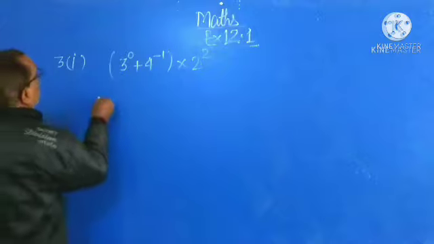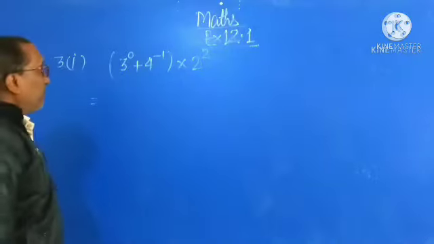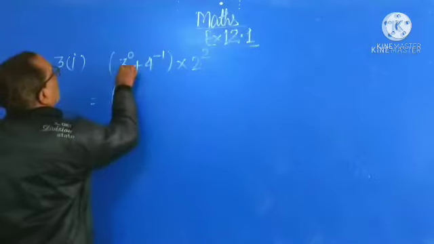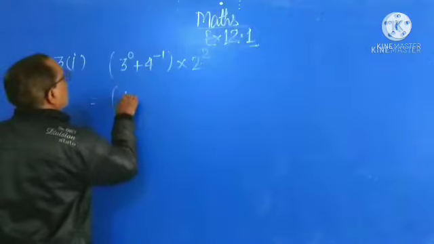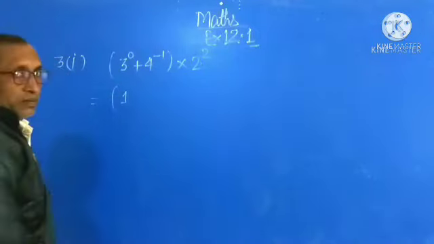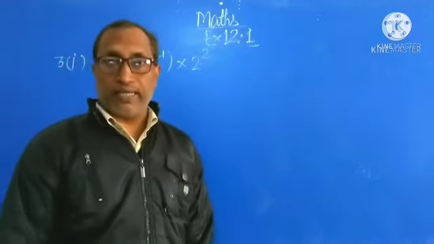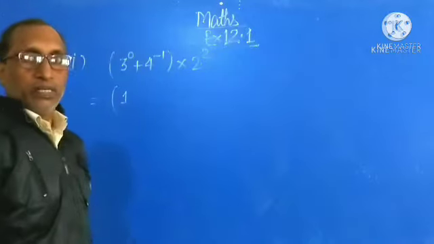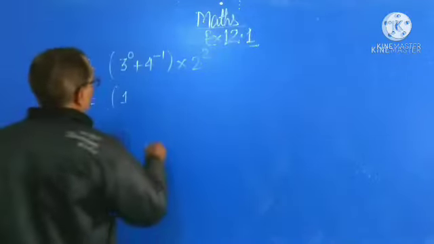In this question, first of all, you simplify the bracket. You get 3 to power 0, that is equal to 1. If any base has power 0, then that value is 1, like a raised to power 0 is equal to 1.